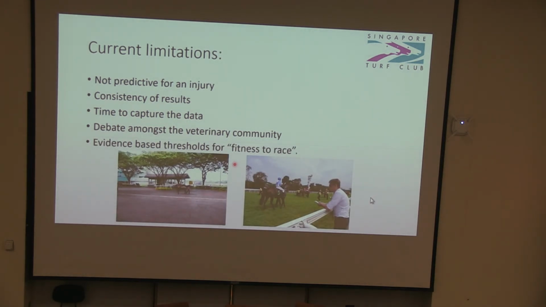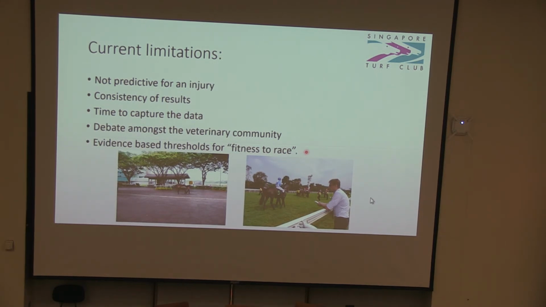And this is my area of interest: we need evidence-based thresholds for fitness to race. The thresholds for lameness with the machines that are currently available are not specific to thoroughbred racehorses. And in my opinion and experience, the thresholds will be different for different horses.